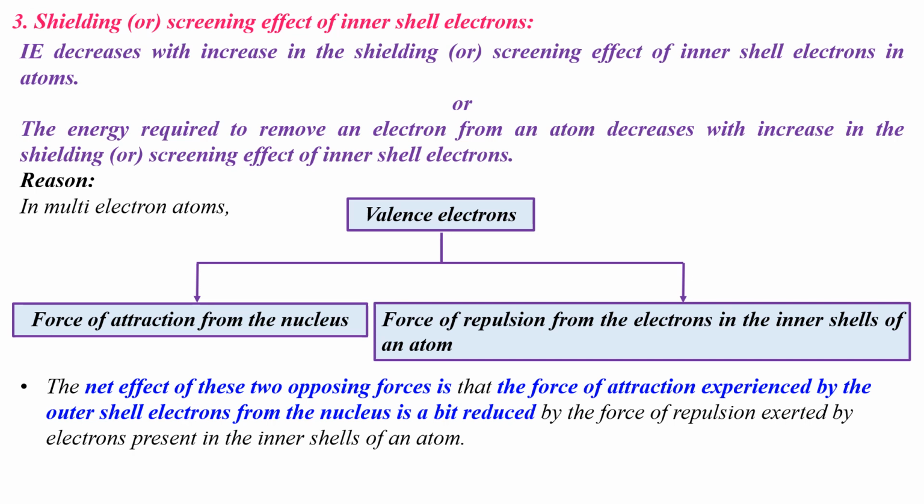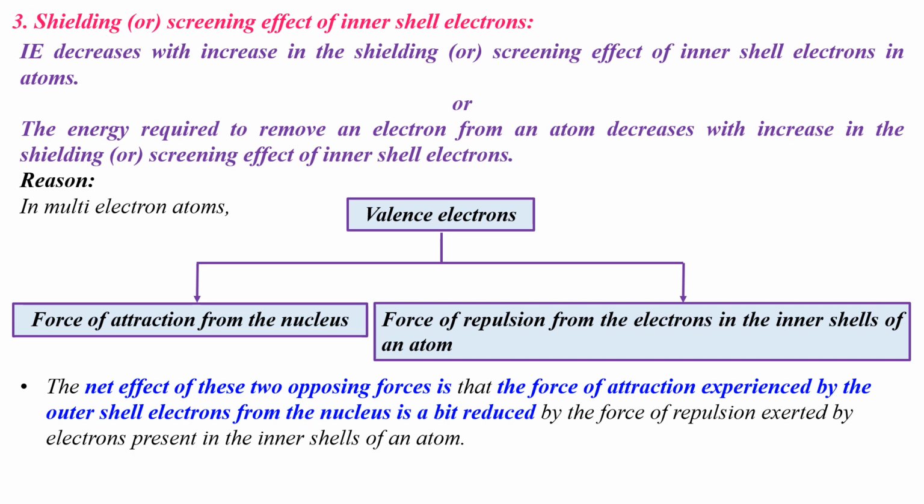Now, what's the reason behind this? In multi-electron atoms, the electrons in the outermost shell experience two kinds of forces. What are they? The first one is the force of attraction from the nucleus, and the second one is the force of repulsion from the electrons in the inner shells of the atom. We all know electrons are negatively charged.